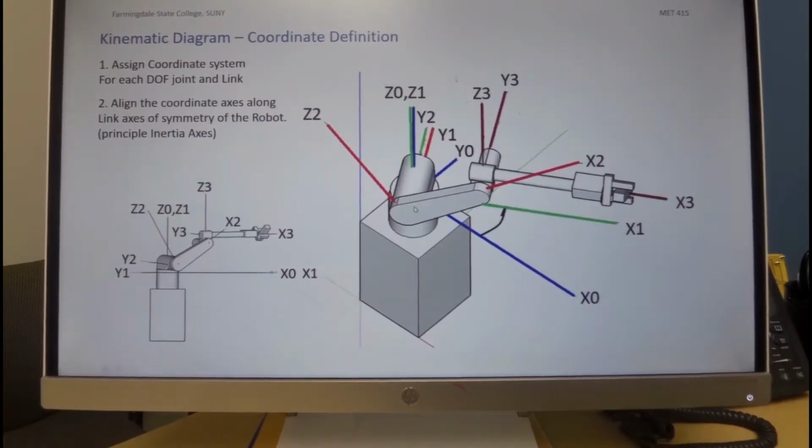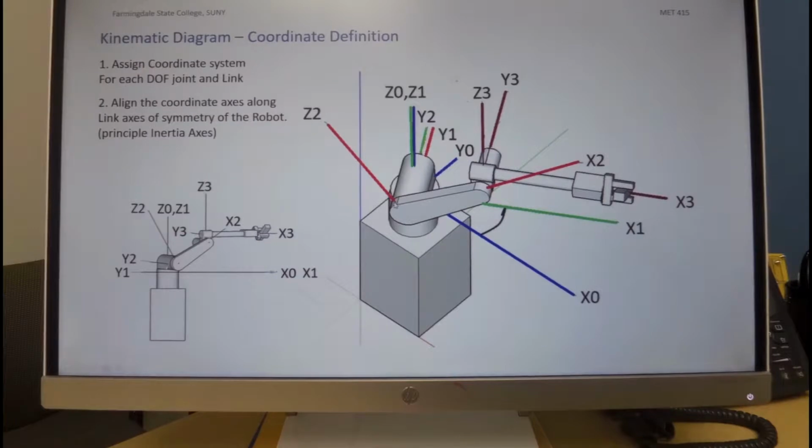The kinematic diagram is showing an inertial frame, x0, y0, z0, fixed to the base. It shows axes x1, y1, and z1, which is rotating with respect to x0 in the direction of z0 by a certain angle, and this is the yaw. And then between x1 and x2, we have a pitch angle, and this represents x2.